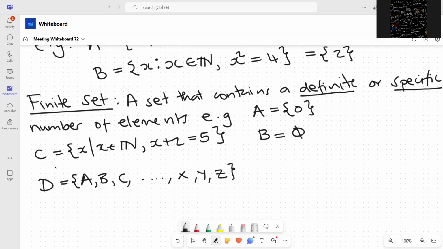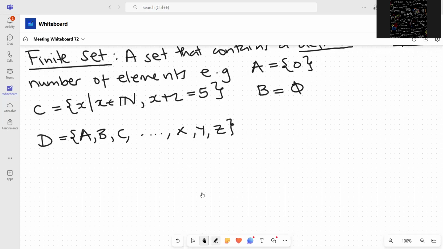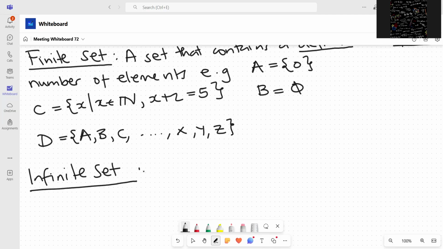Now, the opposite of that is, of course, an infinite set. So this is a set containing never-ending elements.